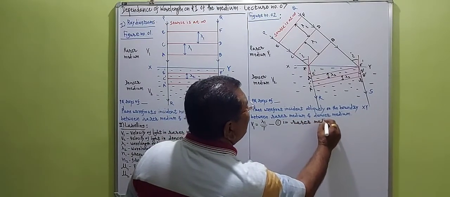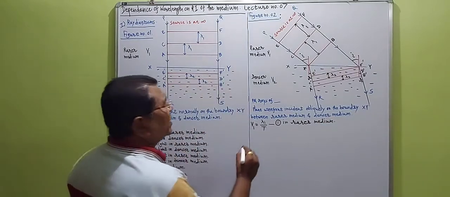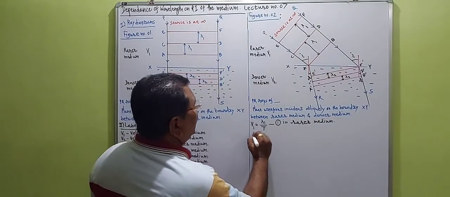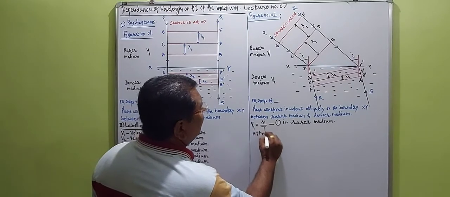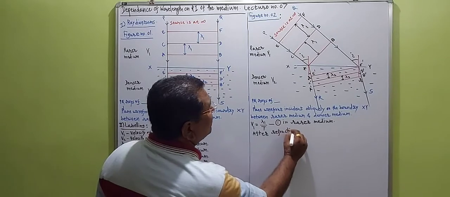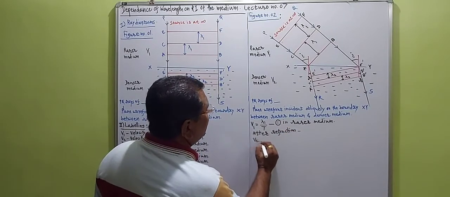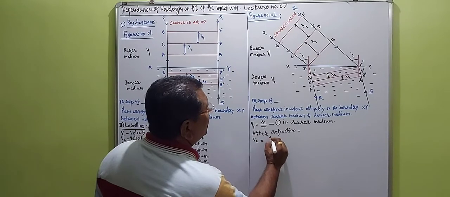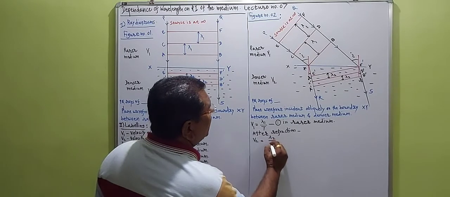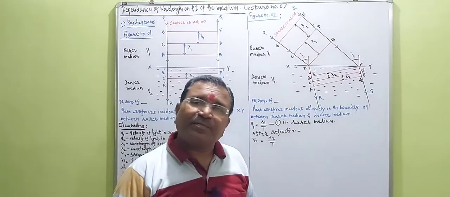So after refraction, what happens? After refraction, the velocity becomes V2, which is equal to lambda 2 upon capital T. The time remains the same.